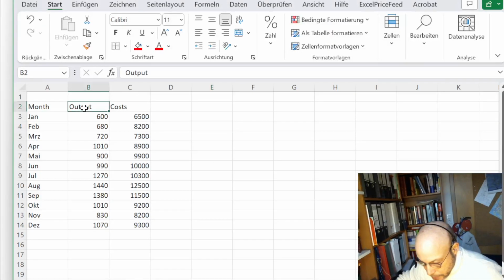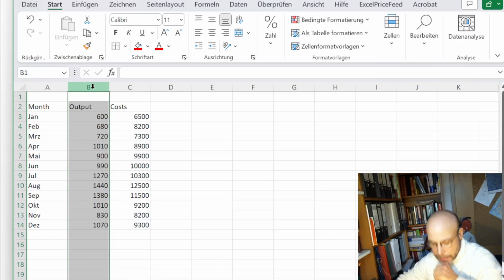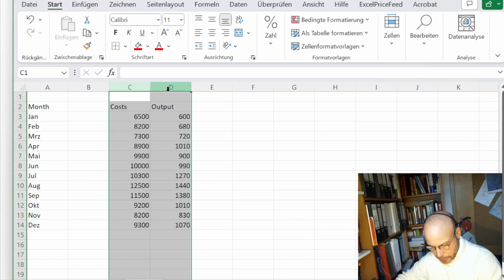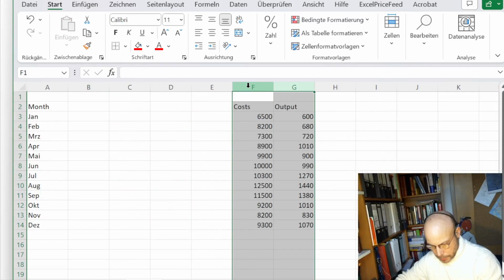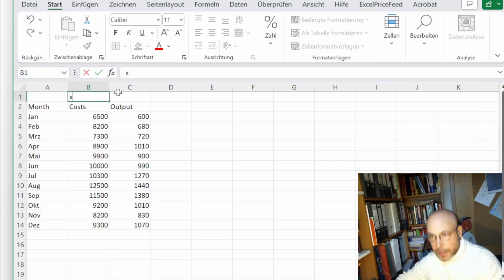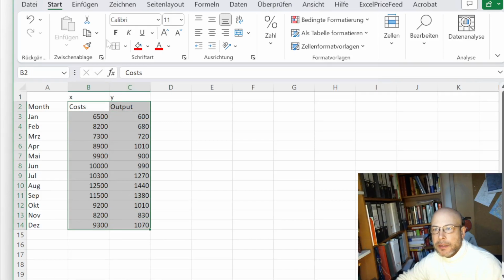our data in a diagram. But since we want to have that output is depending on costs, I just change these two columns. And then we have here X and here Y, and plotting the data.